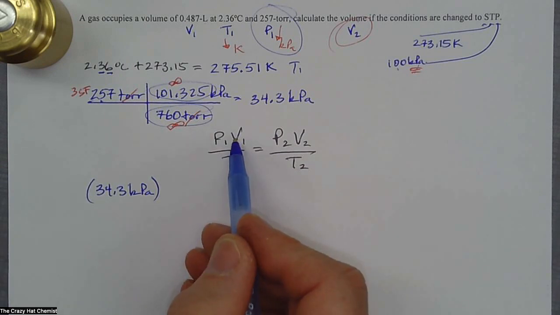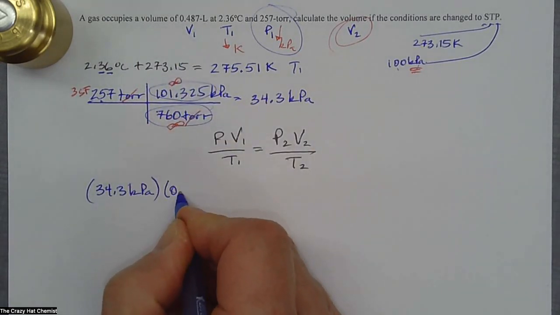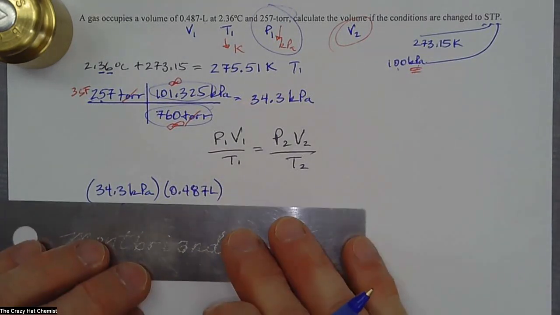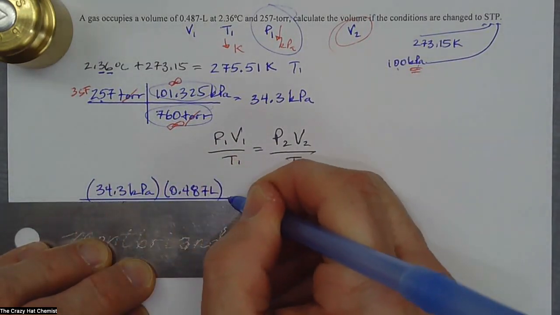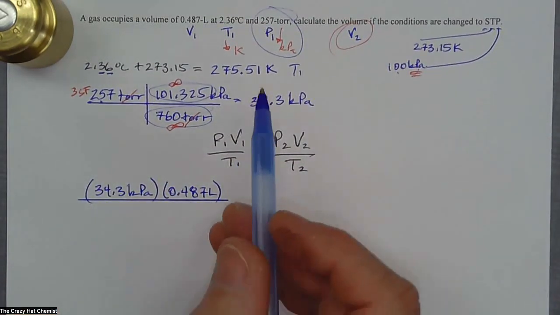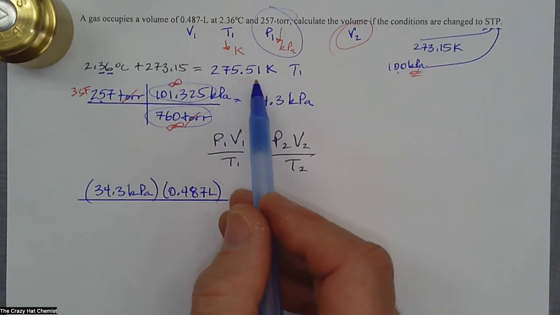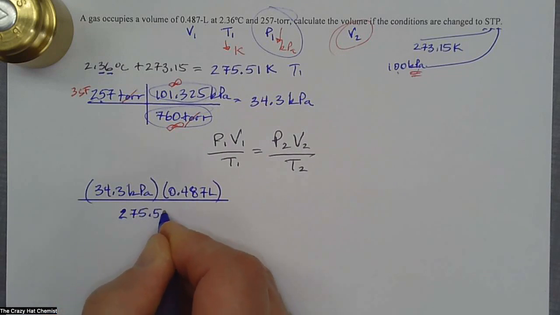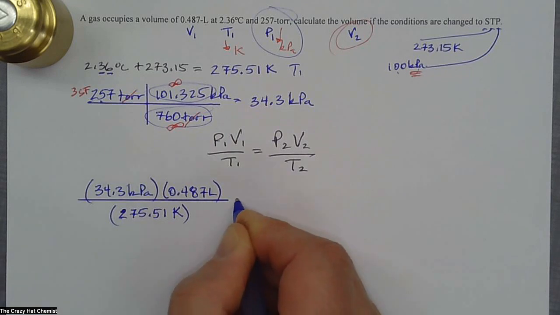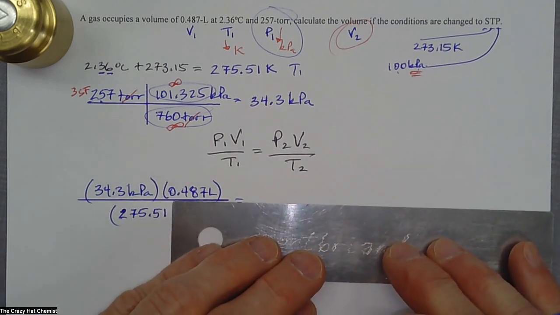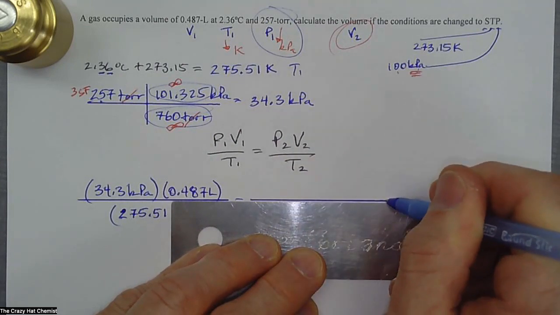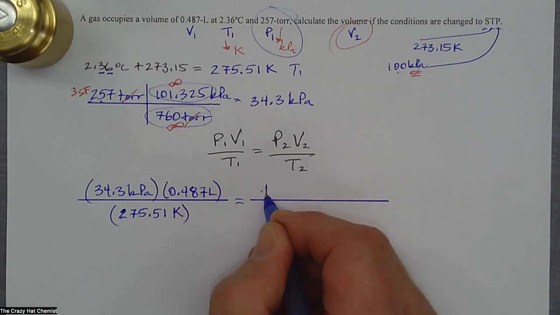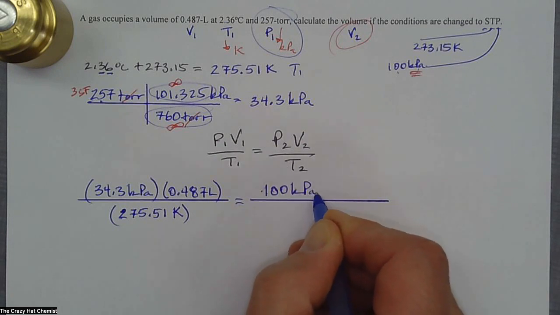And our volume one is 0.487 liters. And our temperature one is 275.51 Kelvin. This is equal to, so we are solving, oh yes, we have pressure of 100 kilopascals.